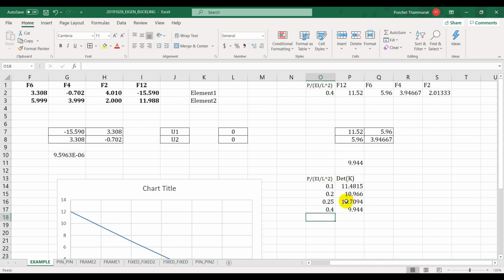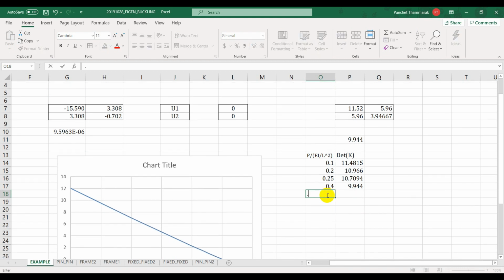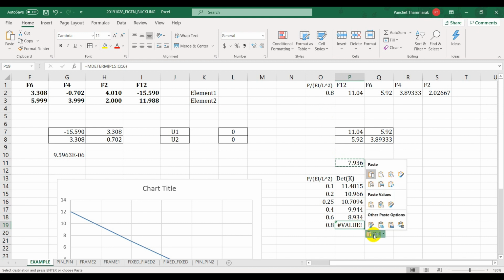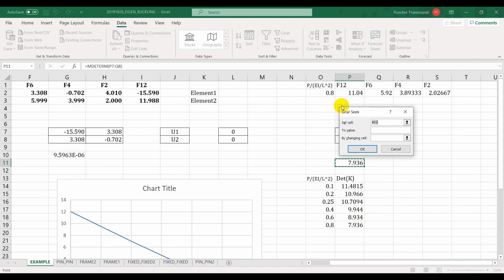So 0.6, let's see, 0.6 reduced to this value. 0.8, let me just try using this one first to see by changing this cell.